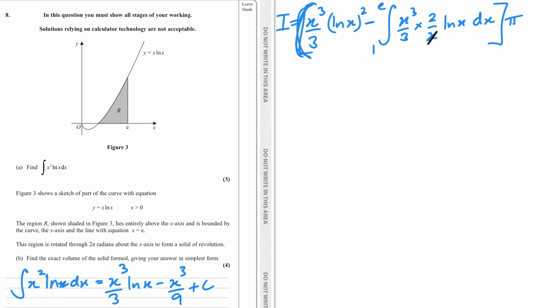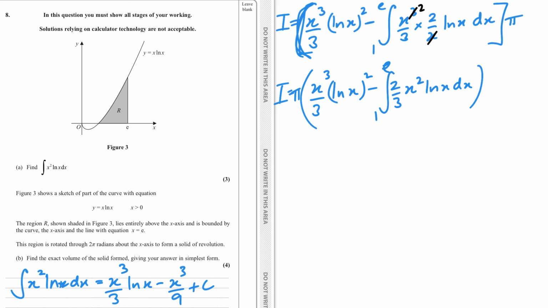Now let's get rid of that x with one of those, and we can see that we've got essentially 2 over 3 x squared ln x, which is very similar to what we had in part A. So I'm just going to rewrite this a little bit nicer. x cubed over 3 ln x squared minus, between e and 1, we've got 2 over 3 x squared ln x dx, and of course all of this is multiplied by pi, and obviously it's between the limits of e and 1.